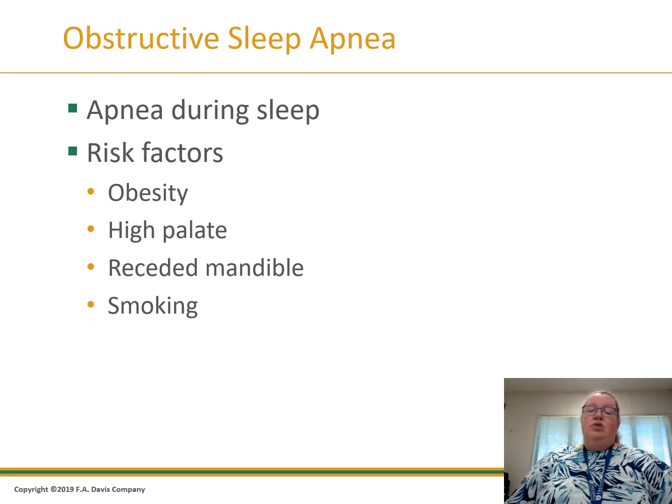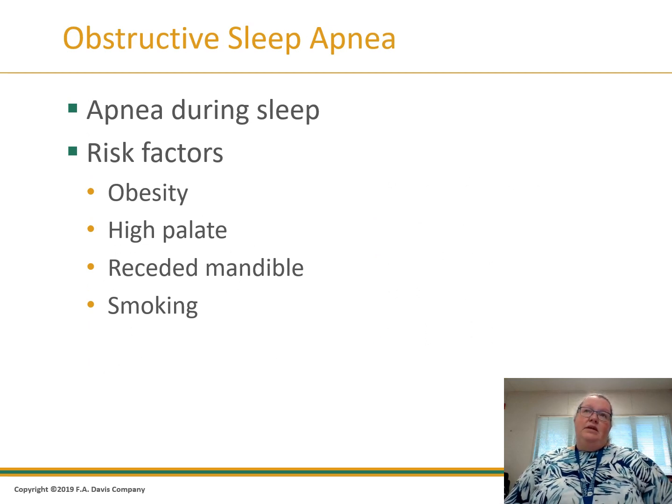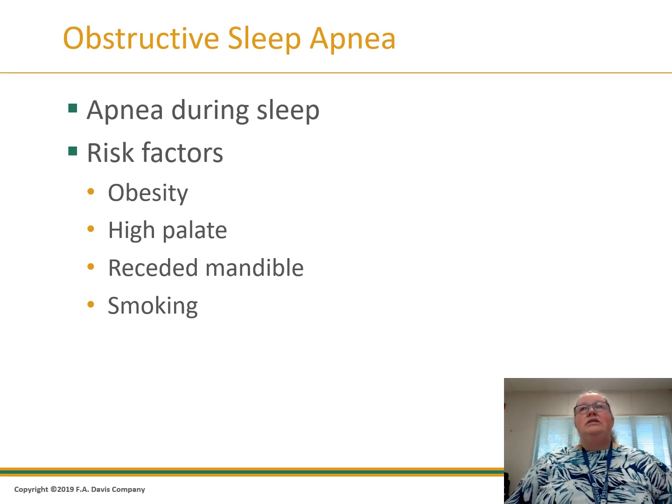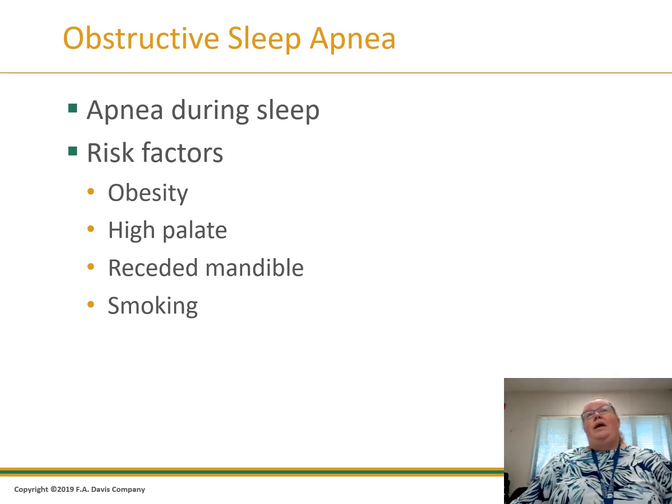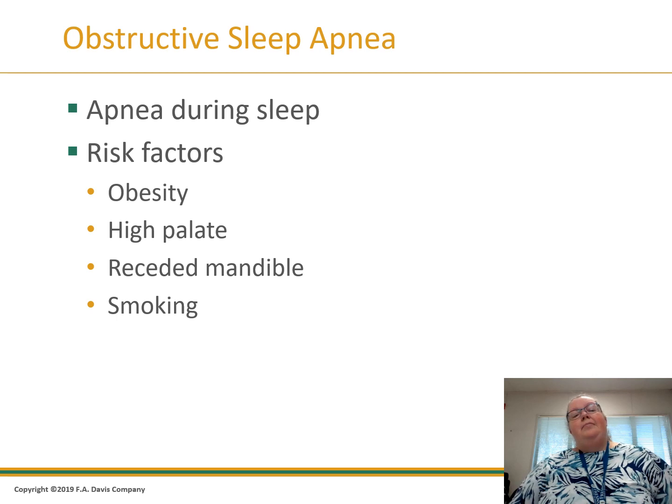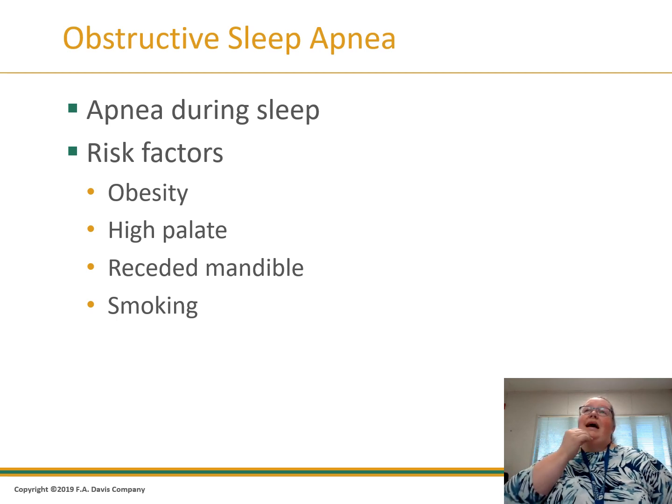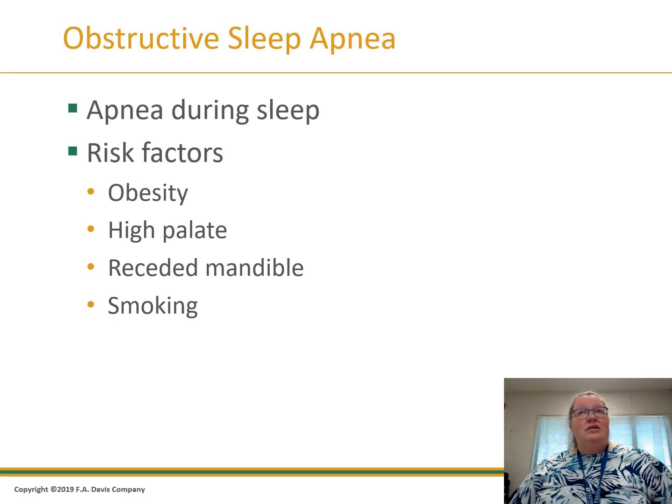So obstructive sleep apnea is often caused from patients that are overweight. They have a high palate or a receding mandible, meaning that when they sleep and relax, their chin kind of falls into their airway. Smoking. It's basically people who snore a lot can also suffer from sleep apnea.